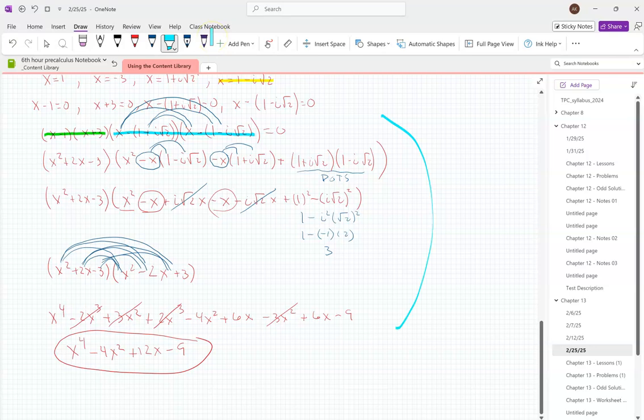It was the simplifying piece, right? Once we built out the 4 factors, that was pretty easy. Multiplying them all out was kind of tedious. That took the most time. But it was just like foiling over and over and over again. You just have to go slow and keep track of stuff. But that's all you're really doing there, a really elaborate FOIL problem.